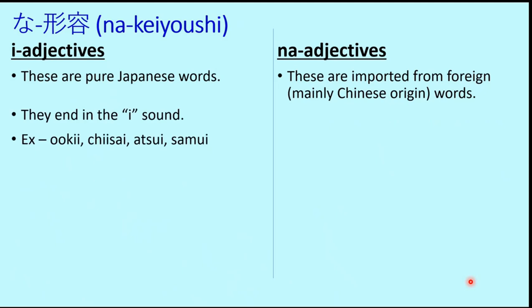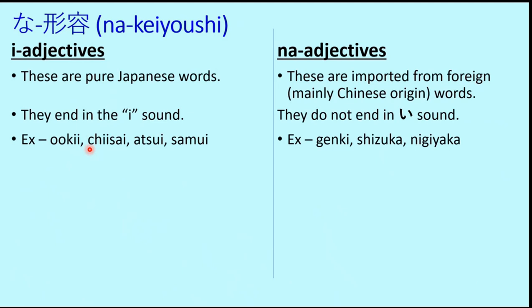The i-adjectives end in the i sound. That is, for example, ookii, chiisai, atsui, samui. So you can see every word is ending in i sound. And the na adjectives, they do not end in i sound. For example, genki, it ends in ki sound. Shizuka, ka sound. Nigiyaka, ka sound again. So they don't end in i sound.